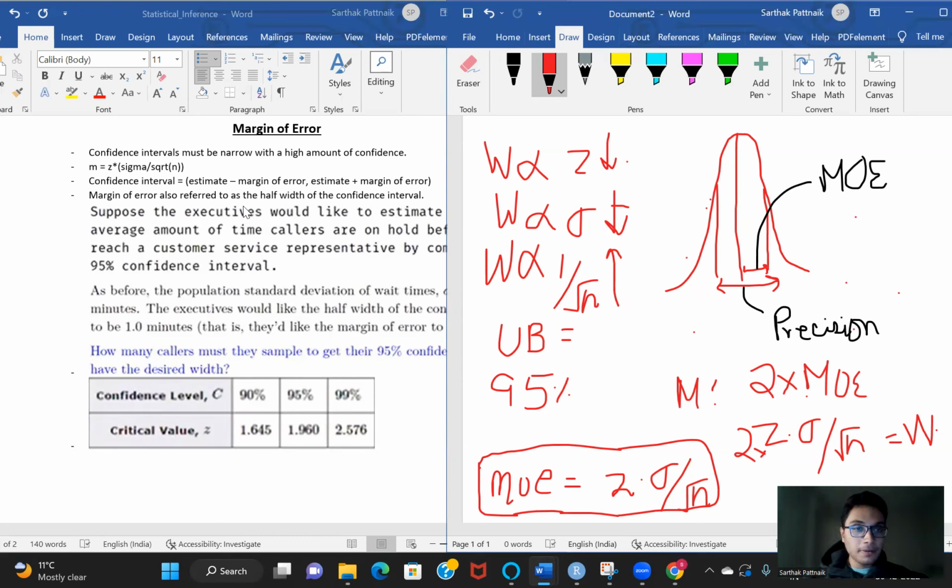Moving on, margin of error is also referred to as the half width of the confidence interval. If my confidence interval width is twice the margin of error, then what will be the half width? It will be nothing but equal to the margin of error. We've already seen this. Just to reiterate, this right here is margin of error.